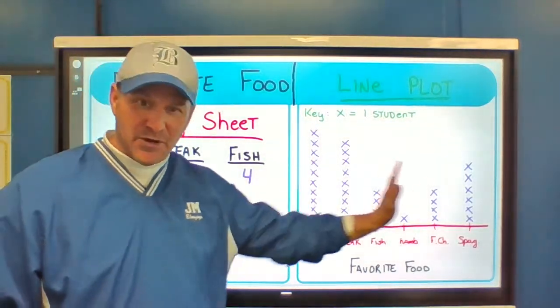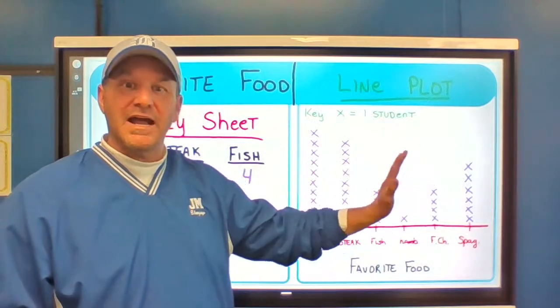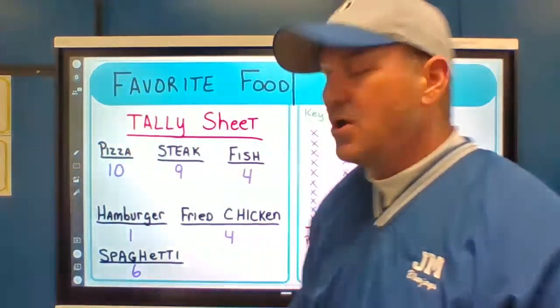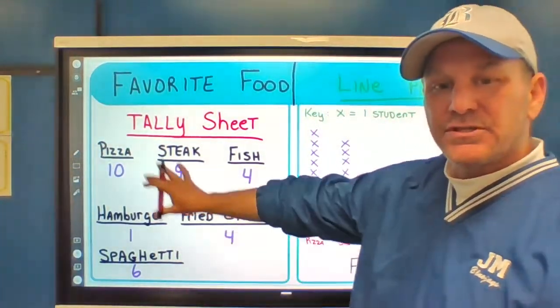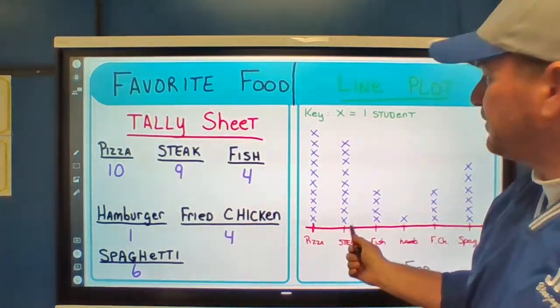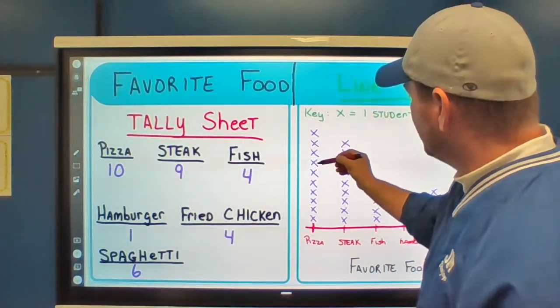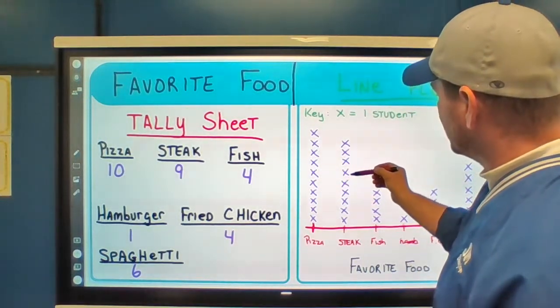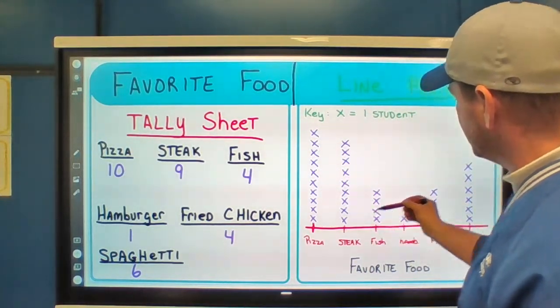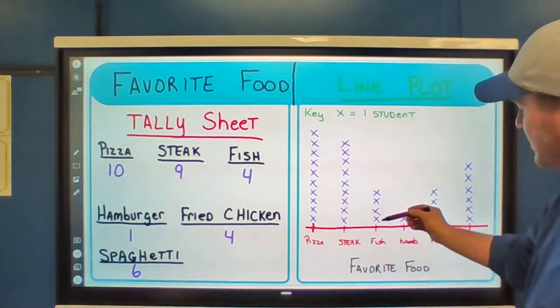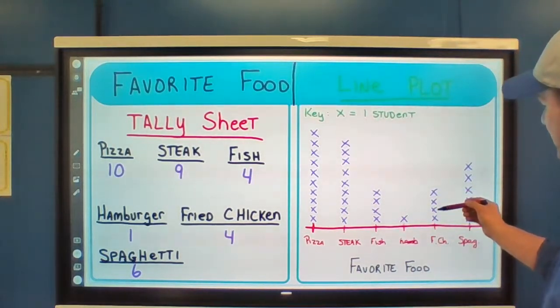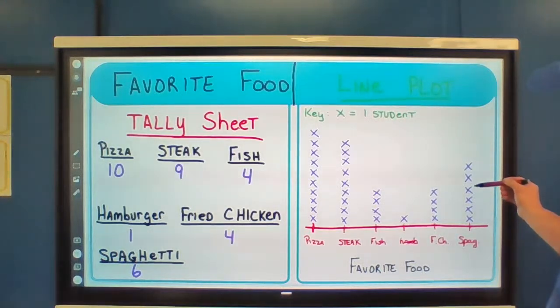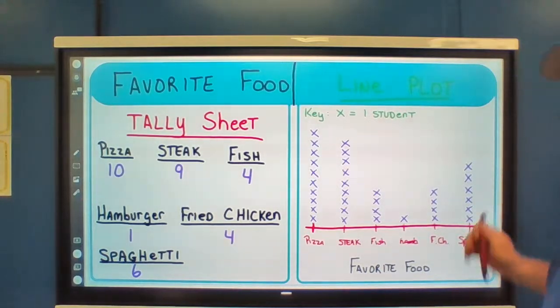You better have 34 X's over here, or you're not going to have an accurate line plot. So we know that there were 34 students that participated. Make sure you have 34. 1, 2, 3, 4, 5, 6, 7, 8, 9, 10, 11, 12, 13, 14, 15, 16, 17, 18, 19, 20, 21, 22, 23, 24, 25, 26, 27, 28, 29, 30, 31, 32, 33, 34.